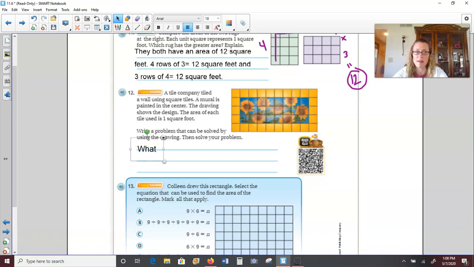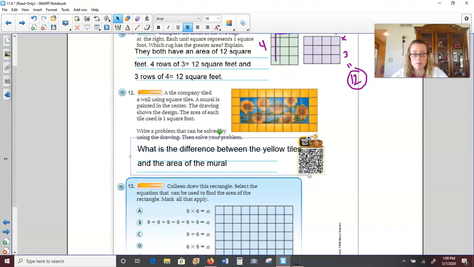All right, I'm going to type the question out for you. You can write it down. What is the difference between the area of the yellow tiles and the area of the mural?